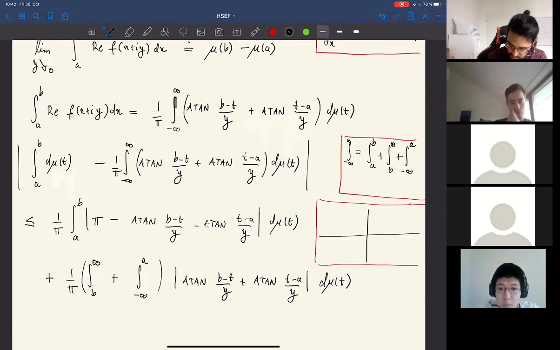You have here minus pi over 2, here pi over 2, two asymptotes, and something in the middle. This is the arctangent function.